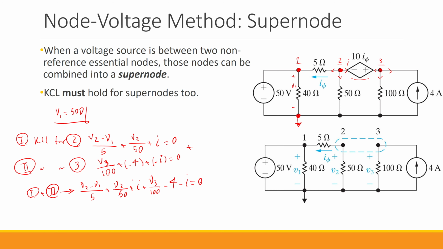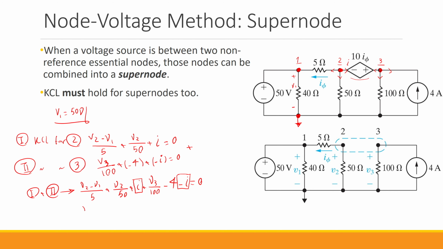What happens here? We have I here with a positive sign, and also I here with a negative sign. Because we summed these two equations together, we made this variable I disappear.